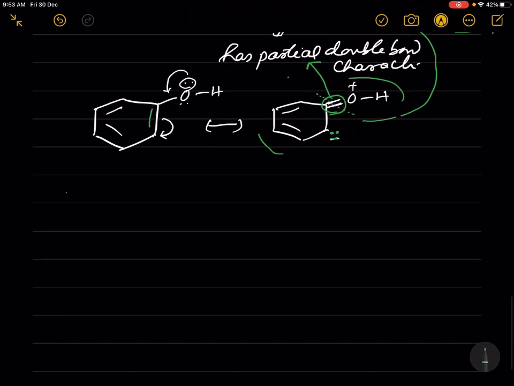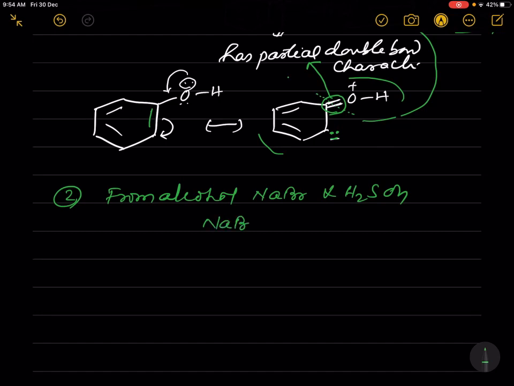Then number 2, from alcohol, sodium bromide and H2SO4. You see, NaBr with H2SO4 gives HBr and NaHSO4.